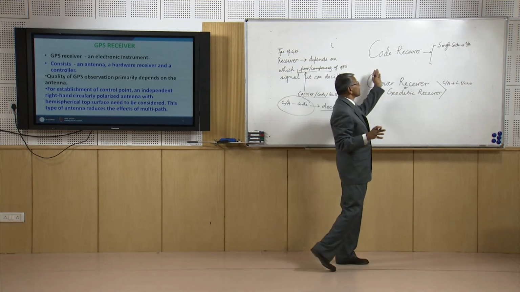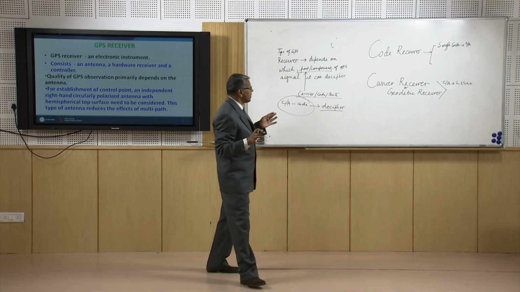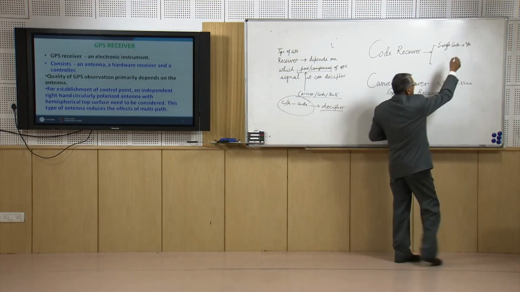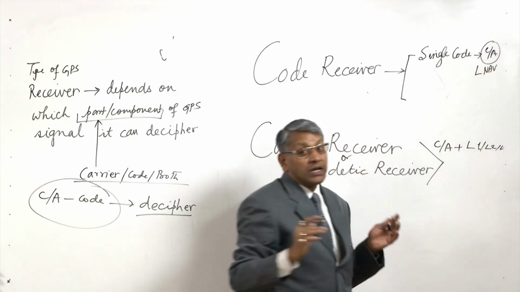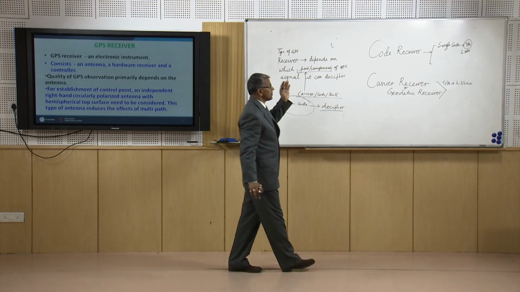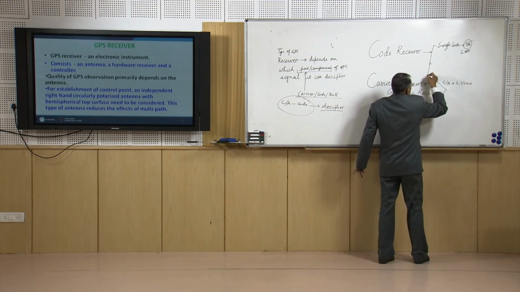So a single code GPS receiver will decipher the CA code, and from the CA code it will have the LNAV data. So we will get the data of LNAV format from the code receiver, and the time from the CA code.